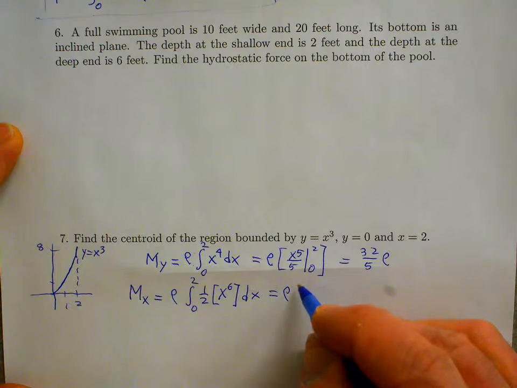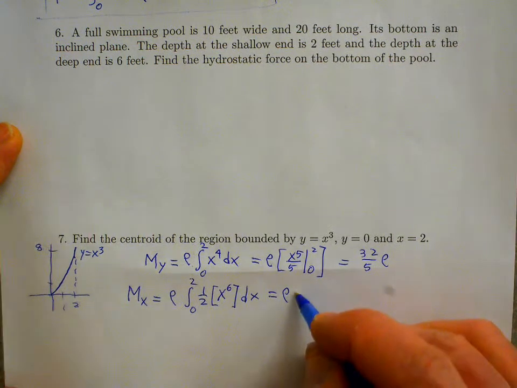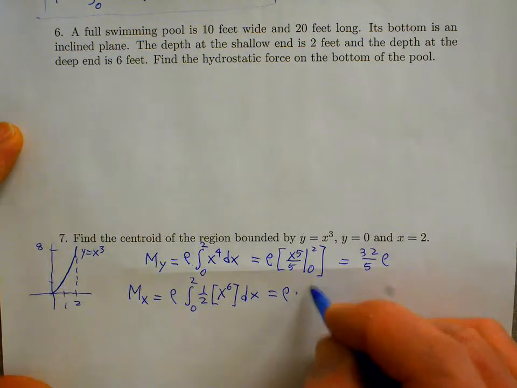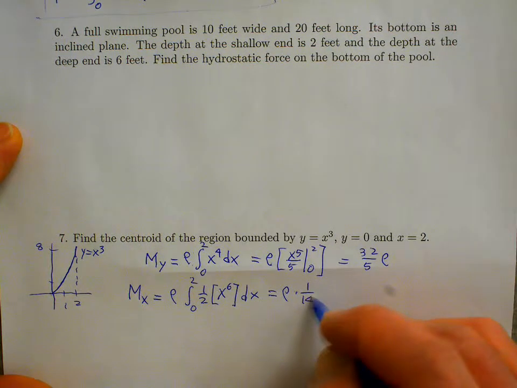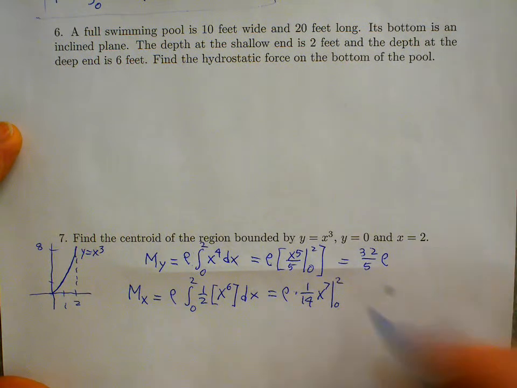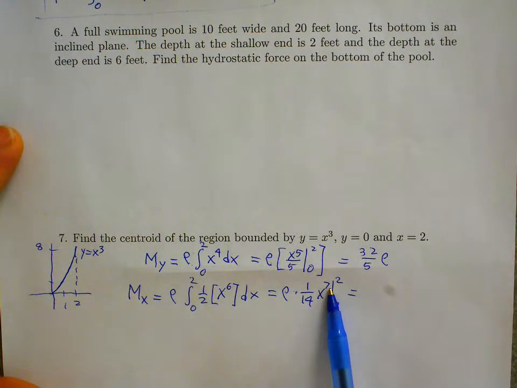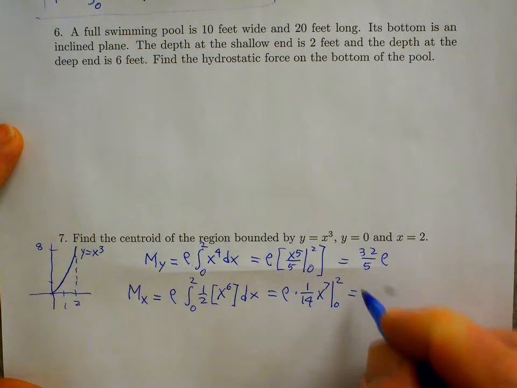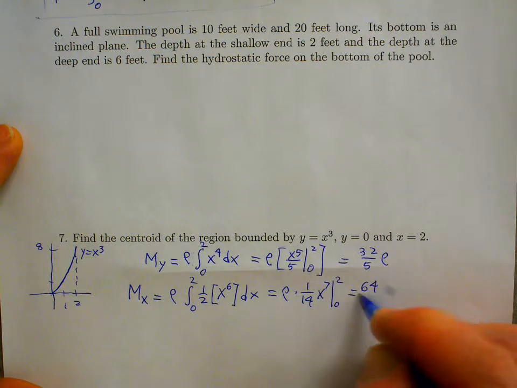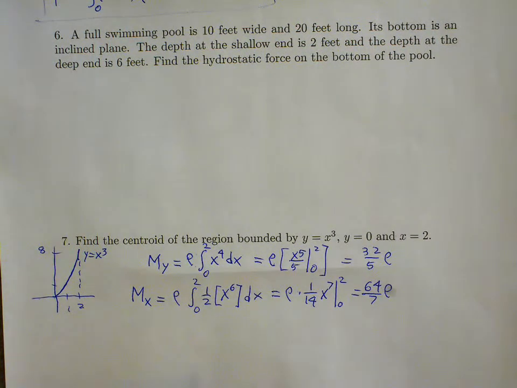So we get rho times 1/14 x to the 7th from 0 to 2. So 2 to the 7th is 128 divided by 14 is 64 over 7. So I get 64 over 7 rho for the moment about the x-axis.